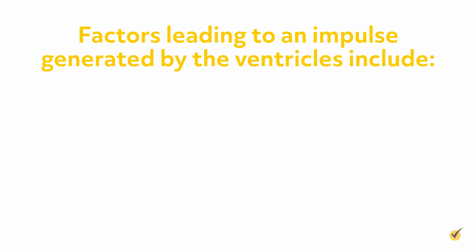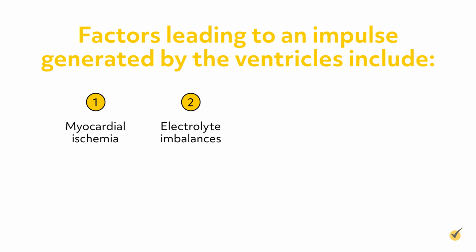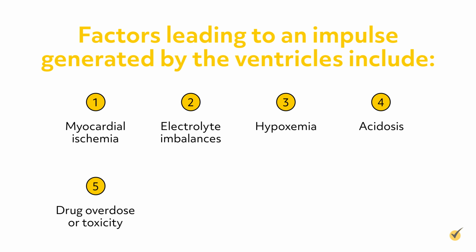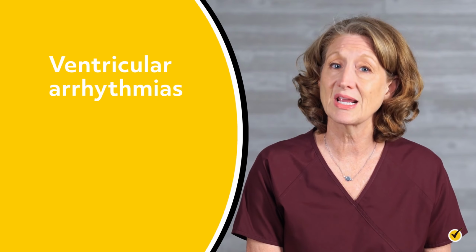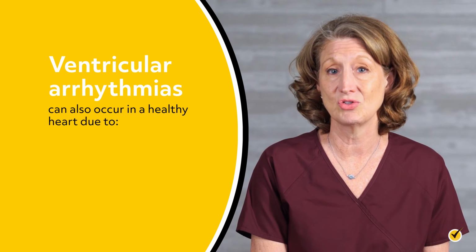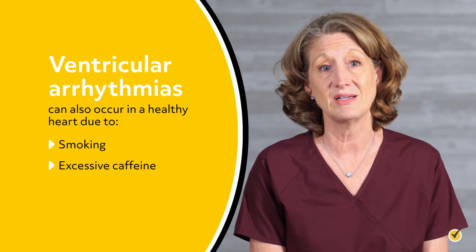Factors leading to an impulse generated by the ventricles include myocardial ischemia, which is reduced blood flow to the heart, electrolyte imbalances, especially low potassium, hypoxemia, acidosis, drug overdose or toxicity, bradycardia, cardiomyopathy, which is a disease of the heart muscle, and cardiac disease. Ventricular arrhythmias can also occur in a healthy heart due to smoking, excessive caffeine, and other factors.